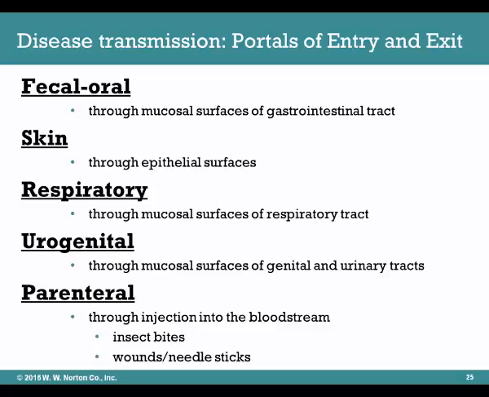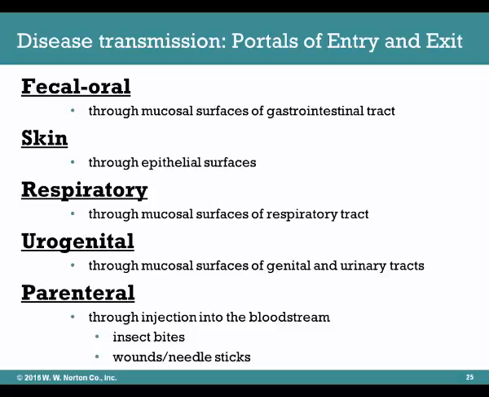So disease transmission, however the pathogen enters our body, is usually how it exits. So if we get that pathogen by eating or drinking, so the oral route, then it exits and is transmitted to another person by the fecal route. Okay, skin through our epithelial surfaces is transferred skin to skin.